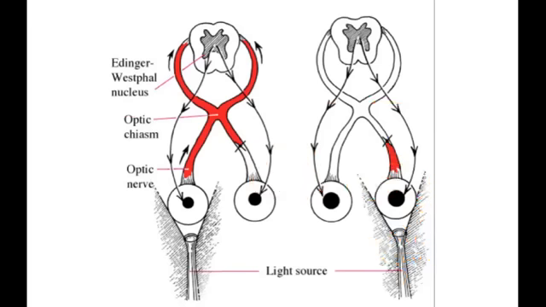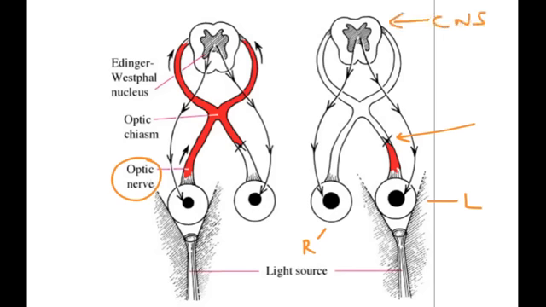So this is the left eye and this is the right eye. So this question, first we shined the light into the left eye, and because there's damage in that left optic nerve, represented by that arrow, the response never gets to the CNS.